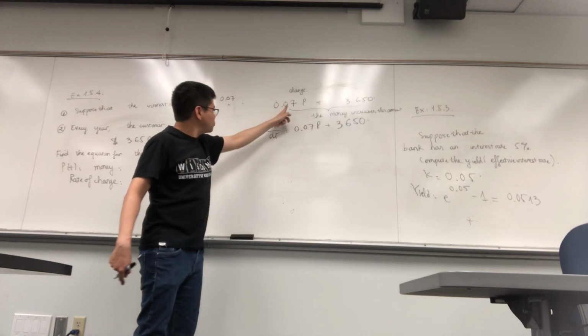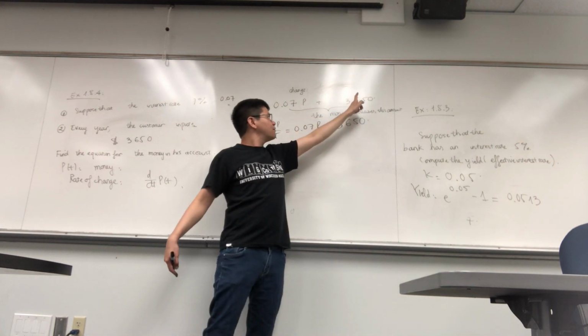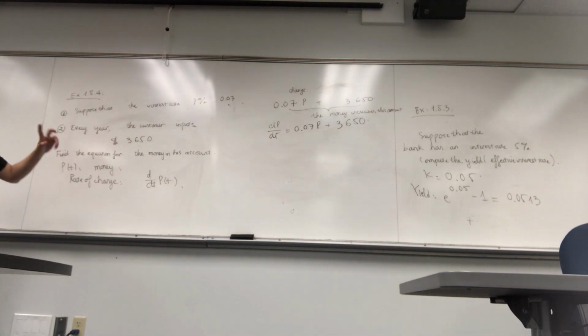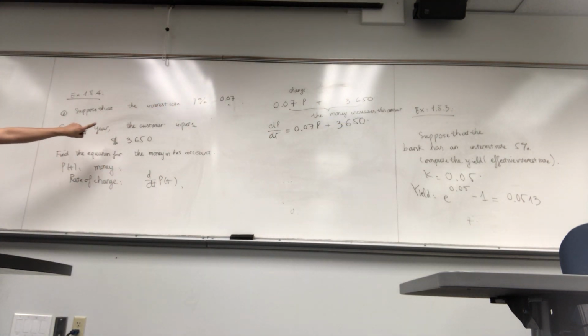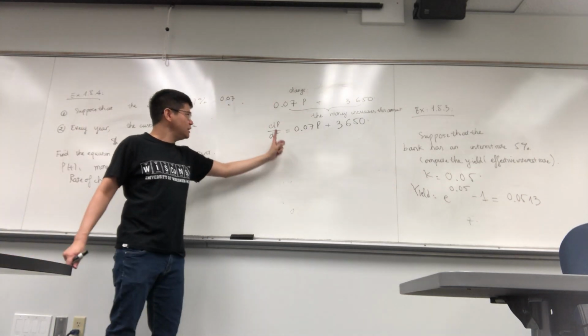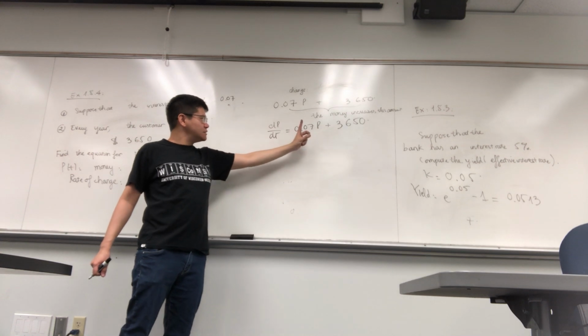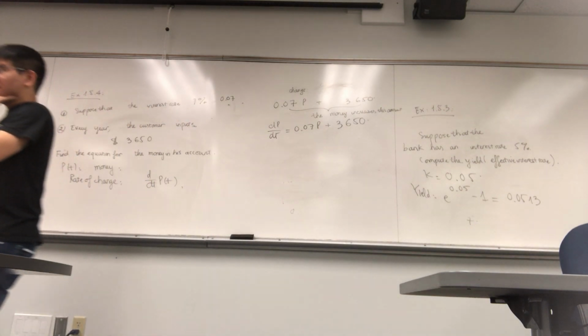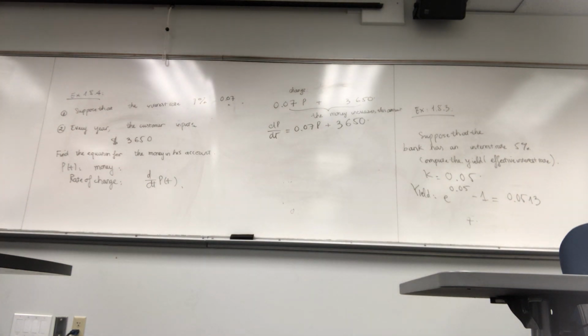So this is 0.07p plus 3,650. So the rate of change has to be equal to this quantity. So you have dp over dt is 0.07p plus 3,650.